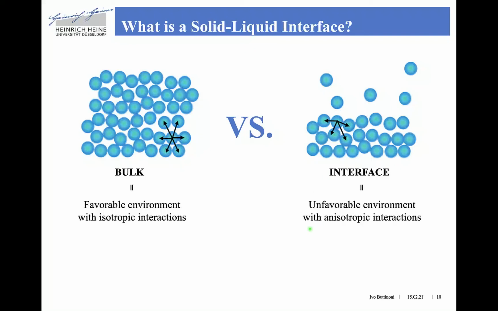These regions want to be as thin as possible in order to minimize the interfacial tension. But on the other hand, they never have zero thickness because these anisotropic interactions have a range. So in this simple example, the thickness is roughly equal to the size of these beads.